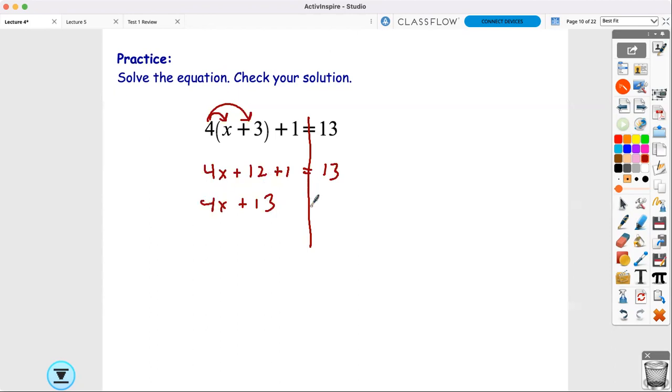Good. And then because it's a positive 13, you do minus 13 on both sides. Good. This one cancels, but on the right, what's 13 take away 13? 0. Good.